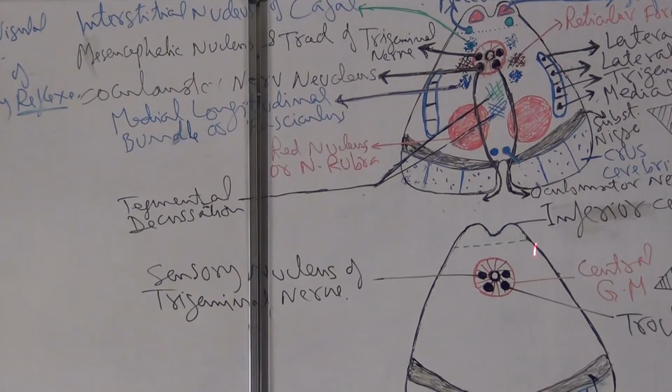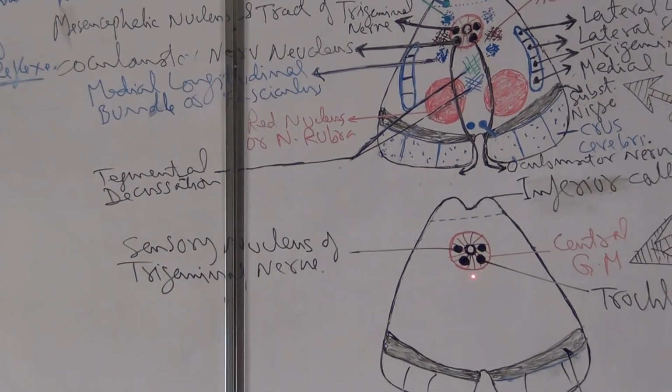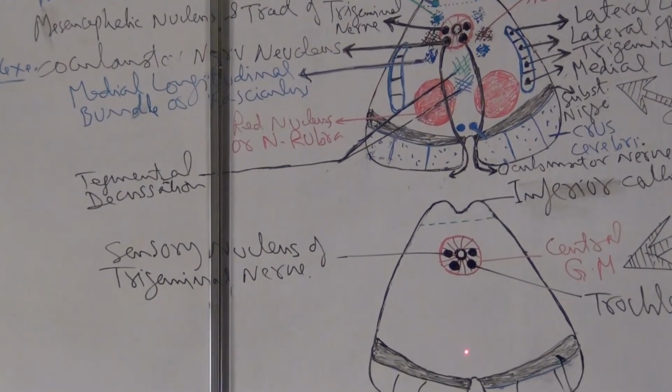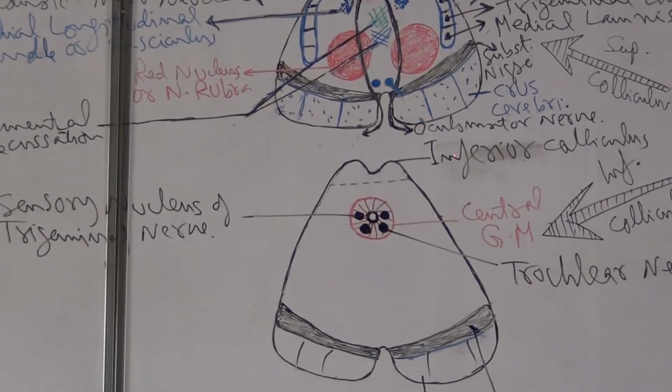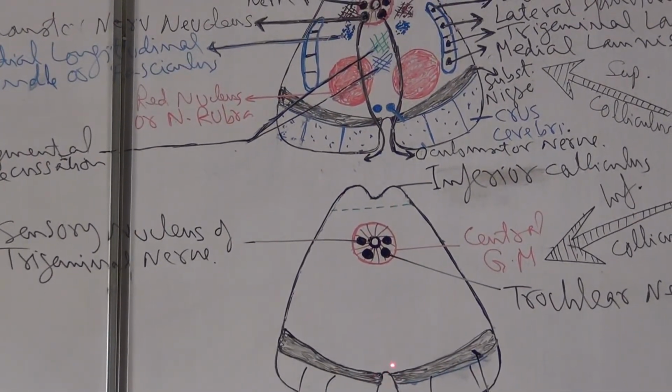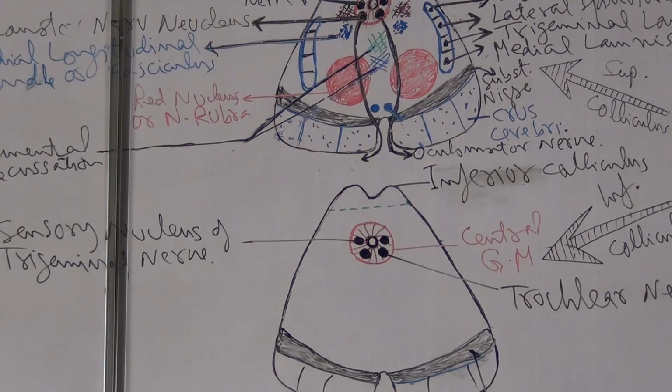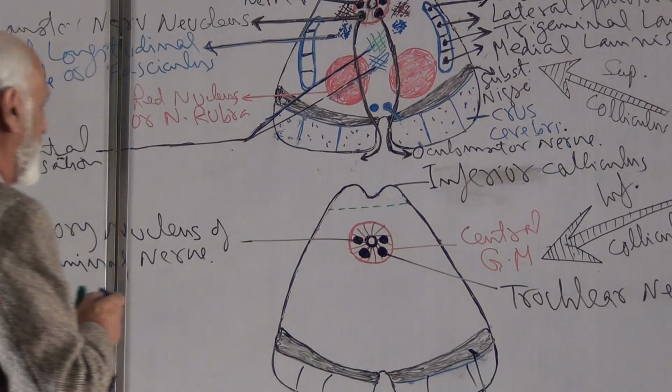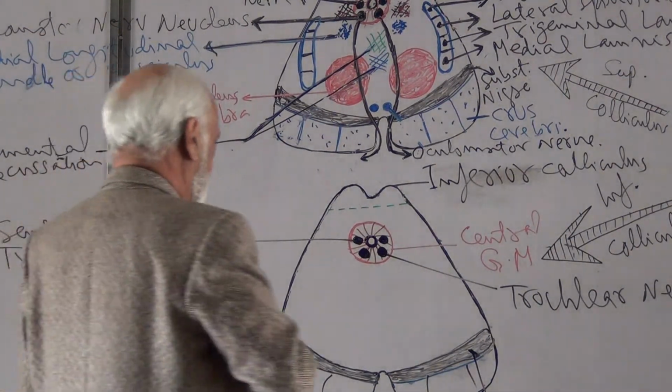Now, in front of the central gray matter and behind the level of the interpeduncular fossa, here there is decussation of the superior cerebellar peduncle.